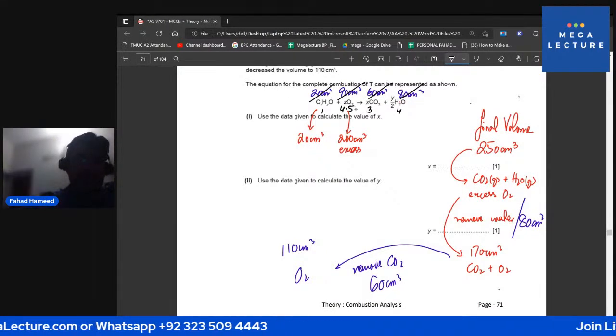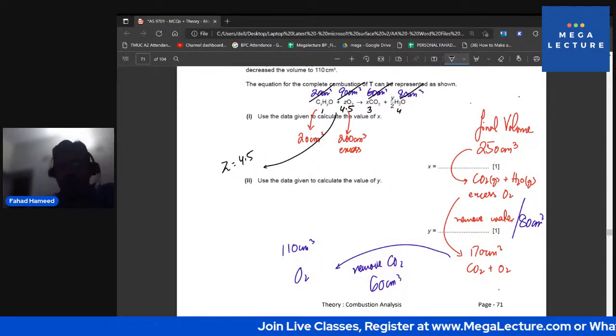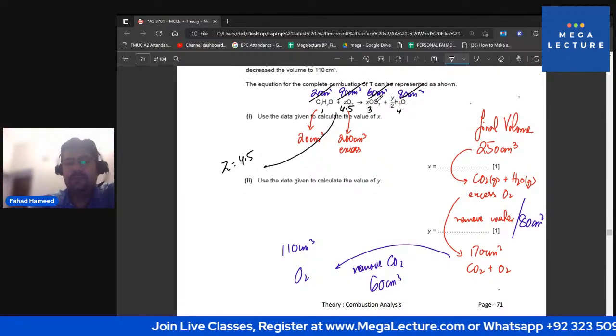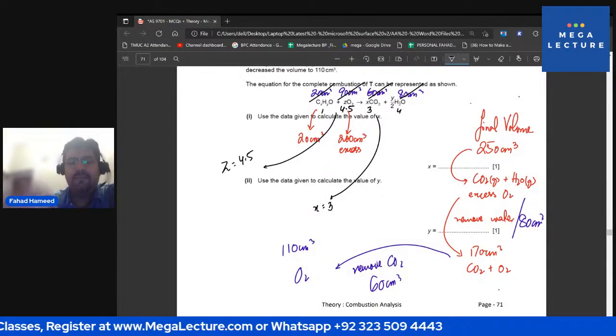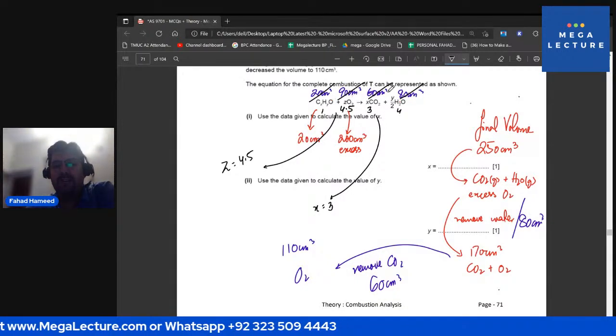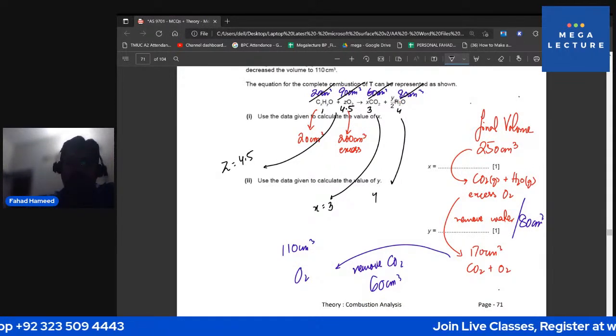So if it's reacting with 4.5 O2, that means Z has a value of 4.5. And one molecule reacts with 3 CO2, so that means X has a value of 3. And one molecule is reacting with 4 H2O, so that means Y by 2 has a value of 4.